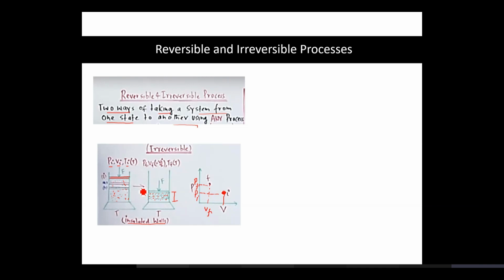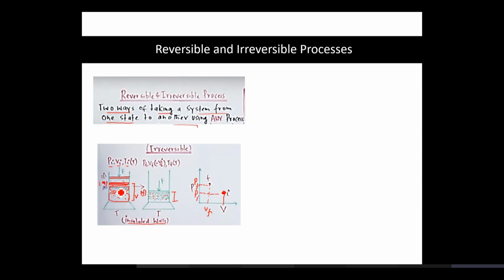The question that comes to my mind is, while I am compressing this, let's say I am at some stage A between the initial and final stage, at which there is some specific volume of my system. But since I am doing this process very rapidly, the pressure in this region might not be the same as the pressure in this region.